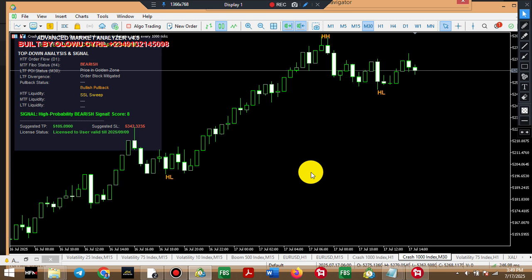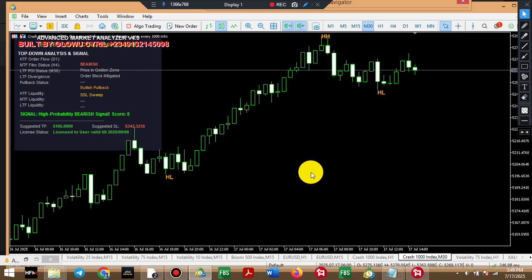For you to modify it, you have two options. You can use your POI time frame for modification, or use a lower time frame than your POI, which is the 30 minutes.